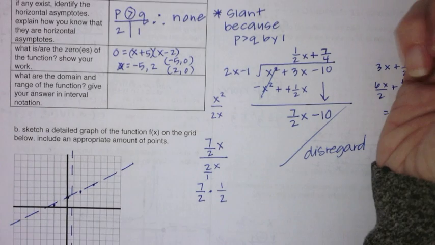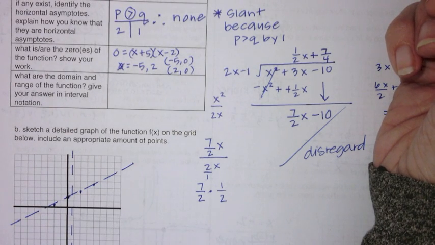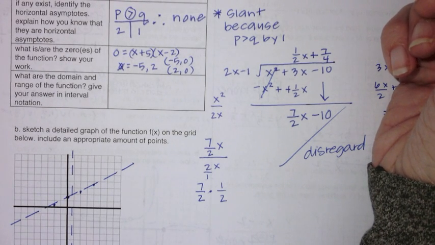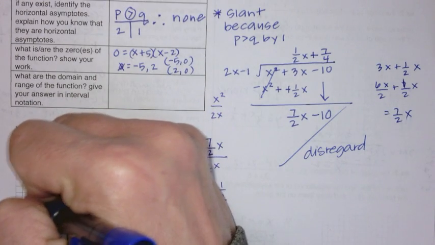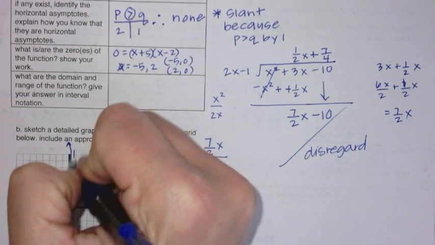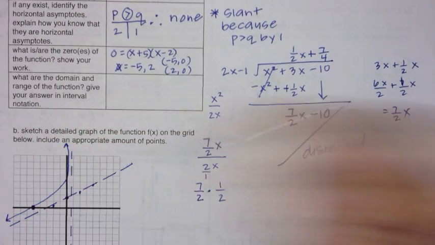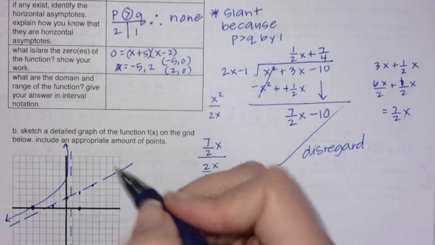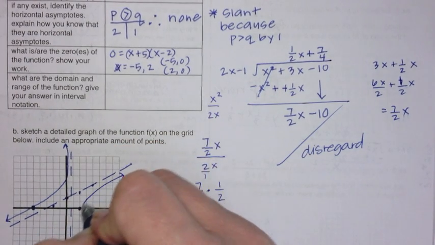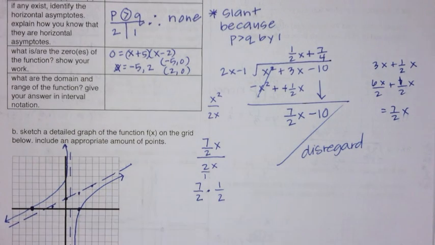Let's see any points we can put in there. We have -5, which is 1, 2, 3, 4, 5. Sweet. That tells me it's coasting along here. And 2, oh, I love it. It's coasting along here. So that's my detailed graph right there.